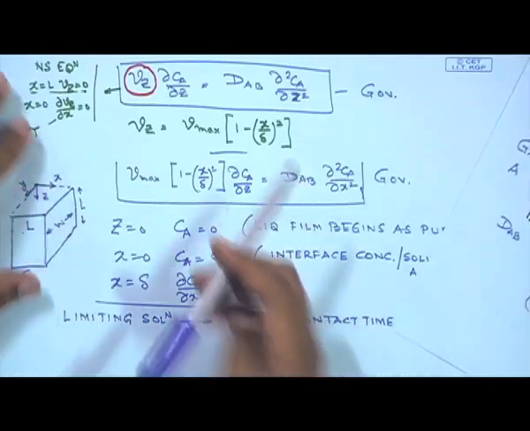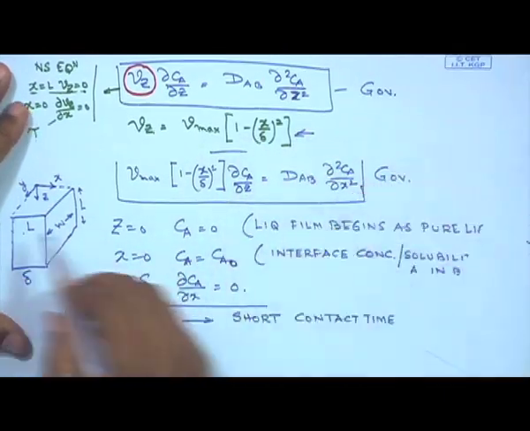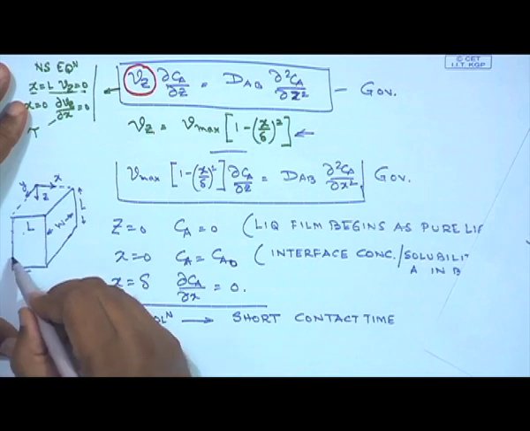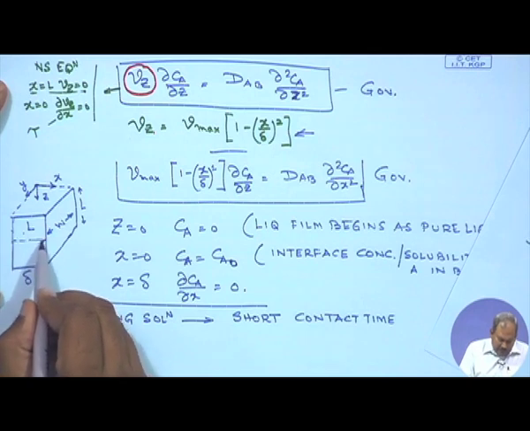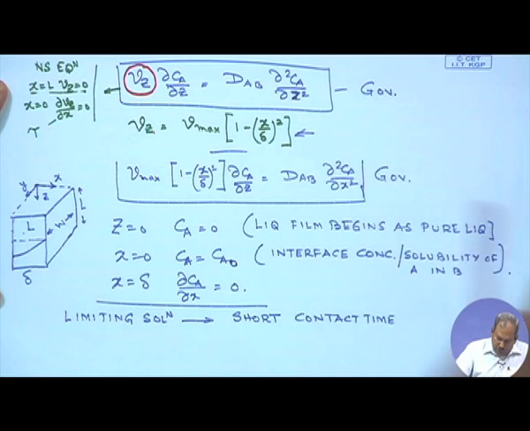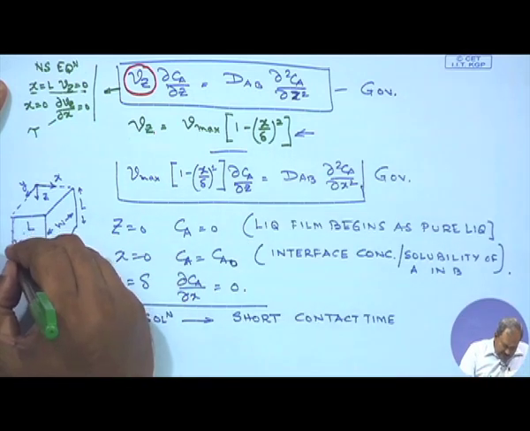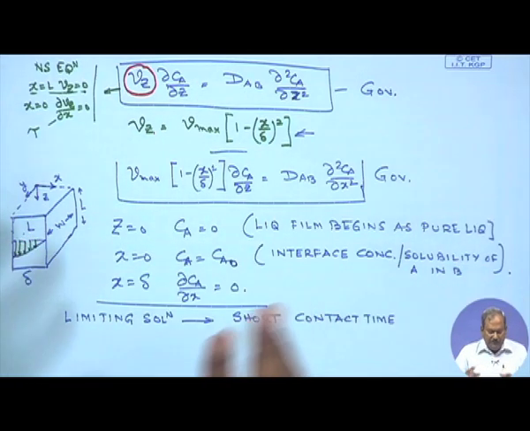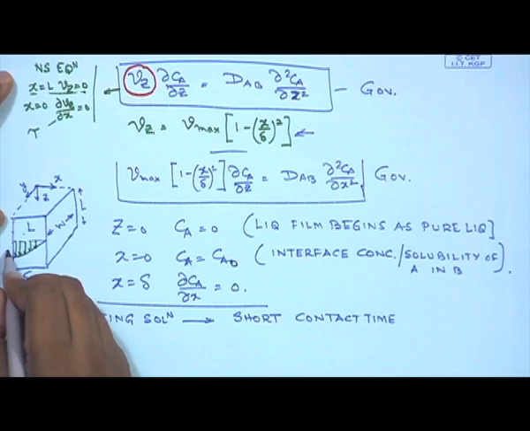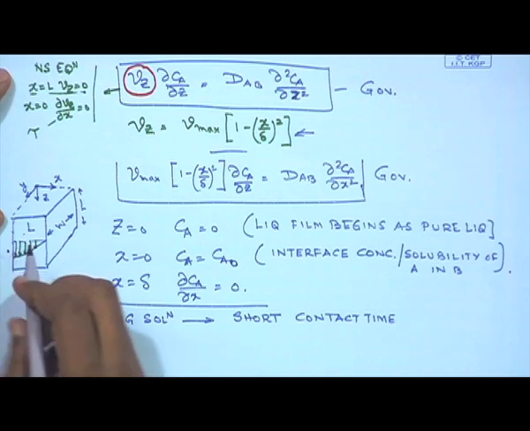So what is the velocity profile going to be? The velocity profile would look like this. It is definitely a parabolic velocity profile. If this is a parabolic velocity profile, and this is the A molecule which can only penetrate a little bit into the falling film, what velocity of the falling film will this diffusing A molecule sense?